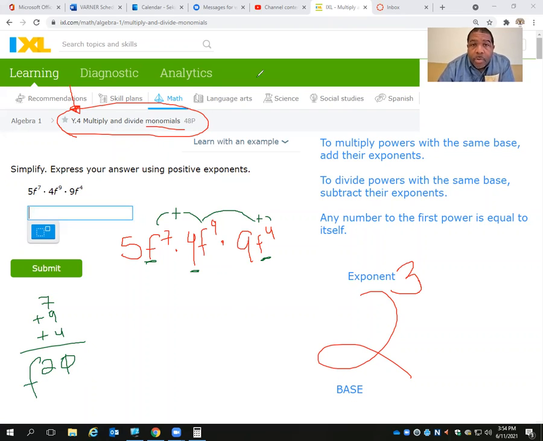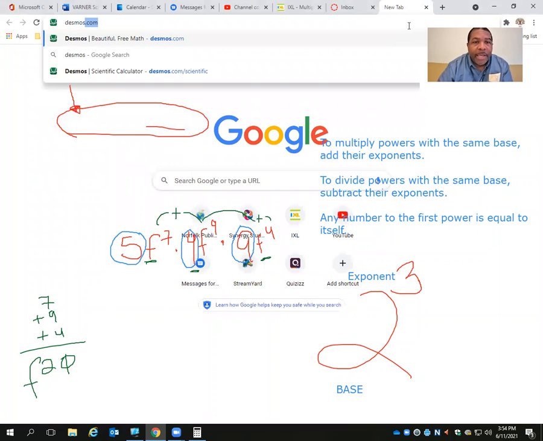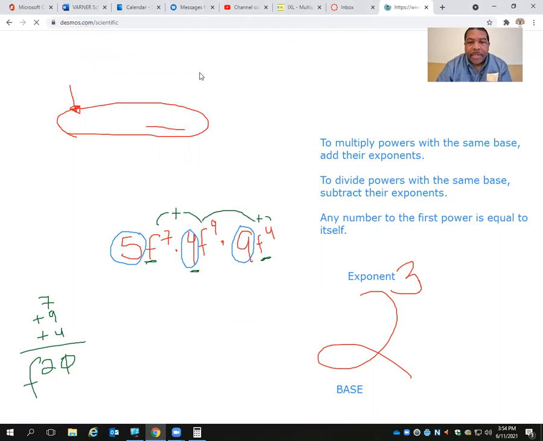And now what we're going to do is multiply the integers, the numbers. So that's 5 times 4 times 9. Now, I can't necessarily do that in my head. So what I'm going to do is go to Desmos, D-E-S-M-O-S, and I like the scientific calculator, okay?